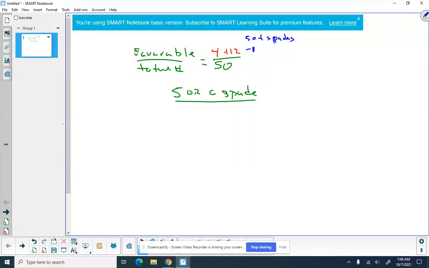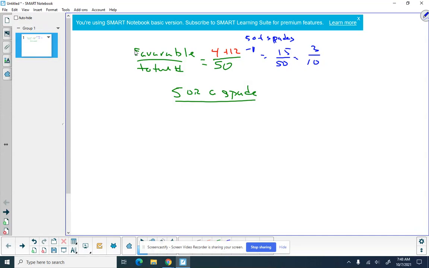So on top we have 12 plus the 4, which is 16, minus 1. So this should be 15 over 50, which will reduce down to 3 over 10. And once again, I have an incorrect answer that I provided for you. But what you don't want to do is calculate the 5 of spades twice.